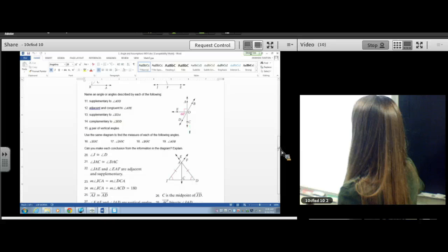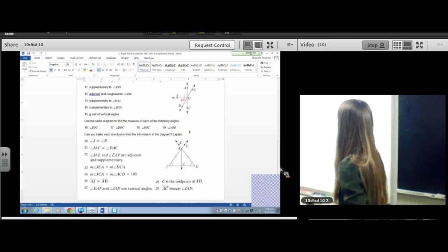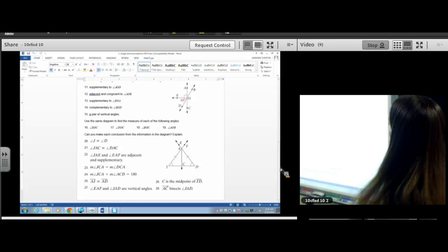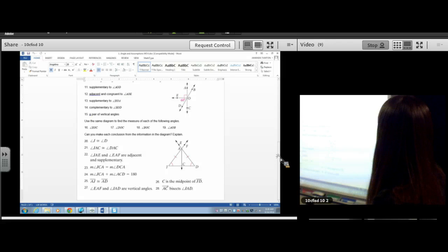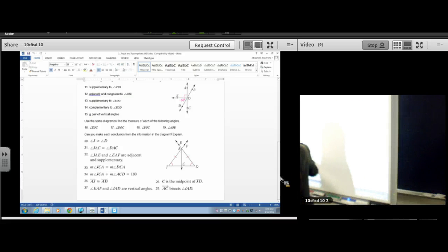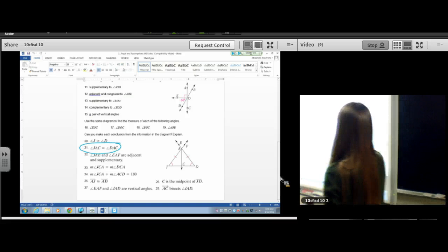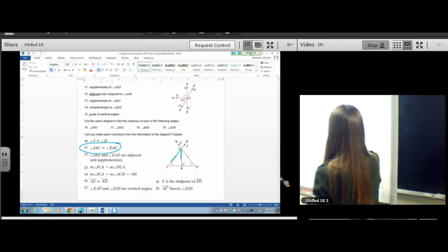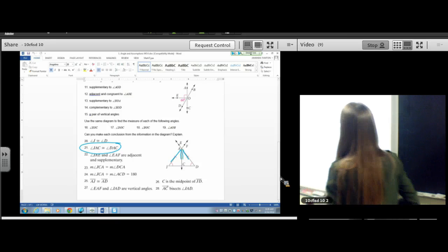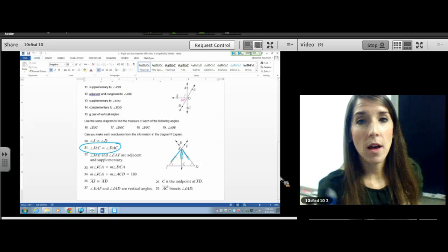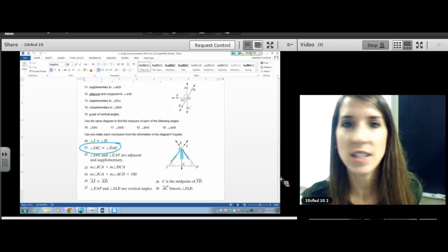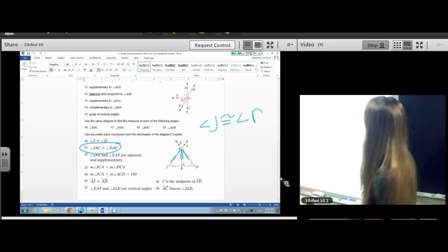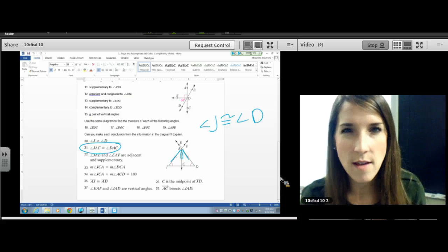And then number 21, can you make each conclusion from the information in the diagram? Explain. So 21 says JAC and DAC are congruent. Some of the things on the pictures have markings and some don't. Anna, do you see angle J and angle D? Do you see how they have those arcs on them?